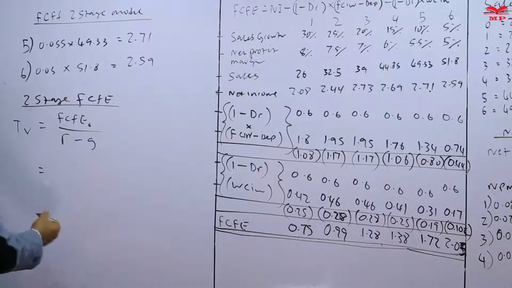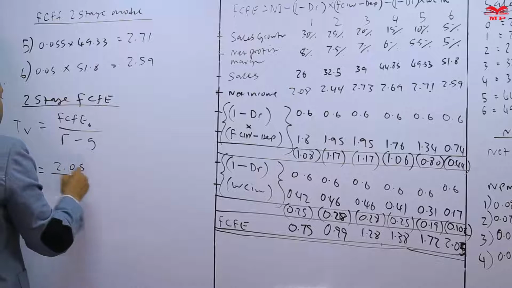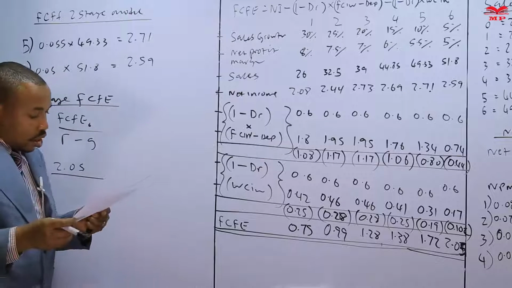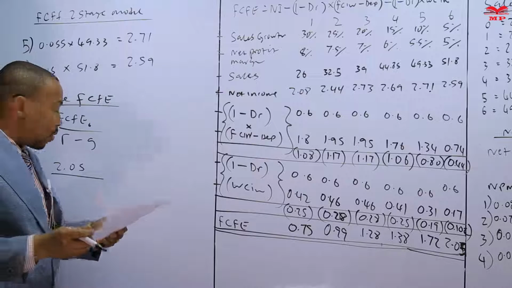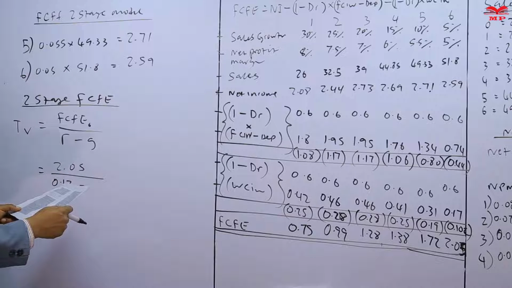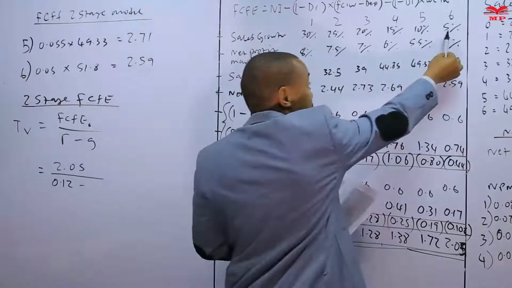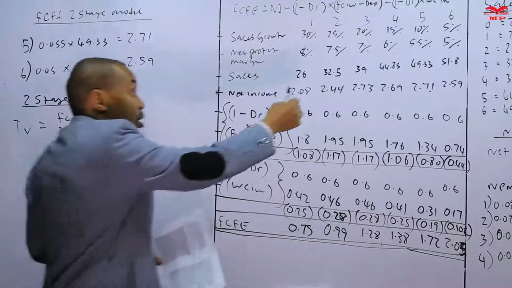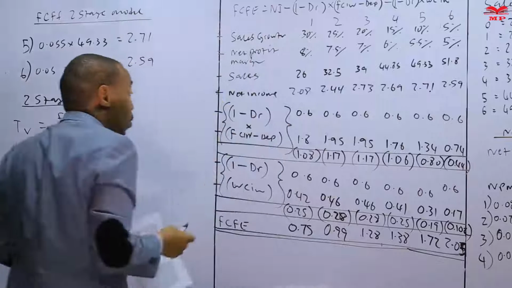So we get the FCFE in period 6, 2.05, divided by the required rate of return. How much have you been given as the required rate of return? You look at bullet number 5 there, 12%. Minus the growth rate. The growth rate in this case is 5%, so we less 0.05. Notice where this growth rate is, that is the 5%. You're not going to use the one for 10% there.